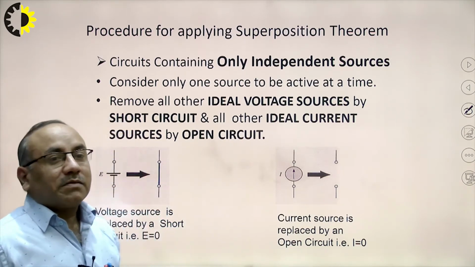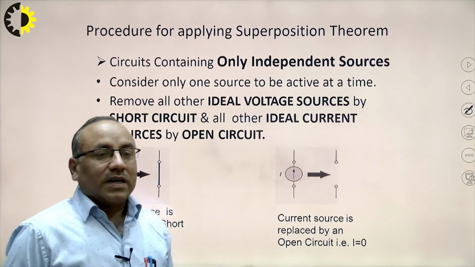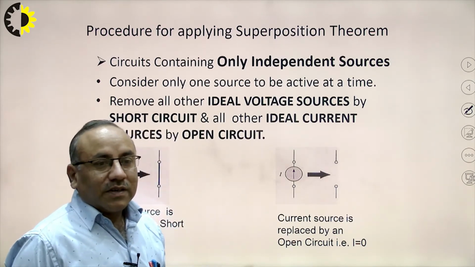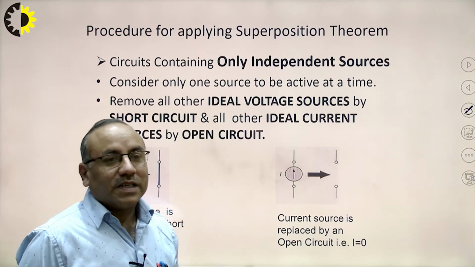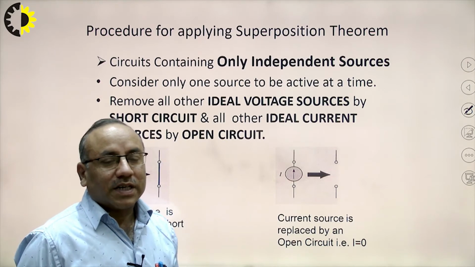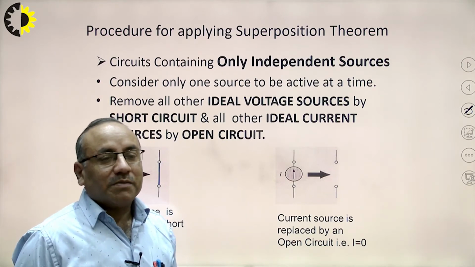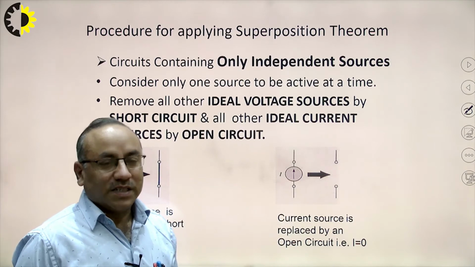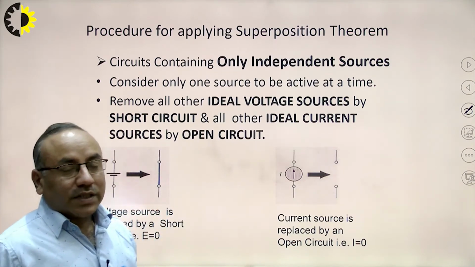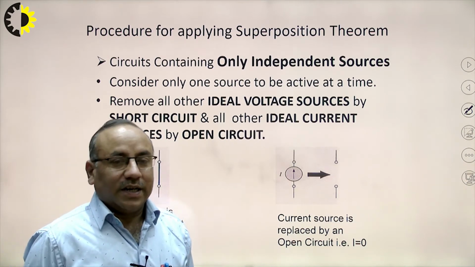This is also shown in the diagrams. In the left hand side diagram, a voltage source or a battery with EMF E is given, and when we turn off this battery, it is short circuited. This voltage source is replaced by a short circuit. That means the EMF of this source is made 0, so that it cannot provide any energy to the circuit in which it is connected.